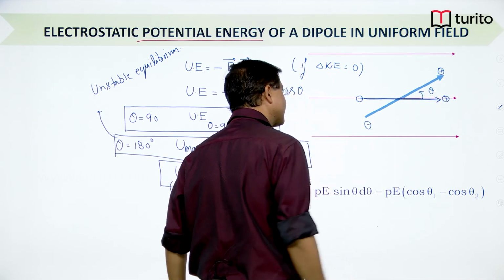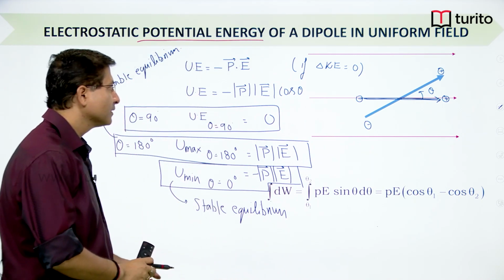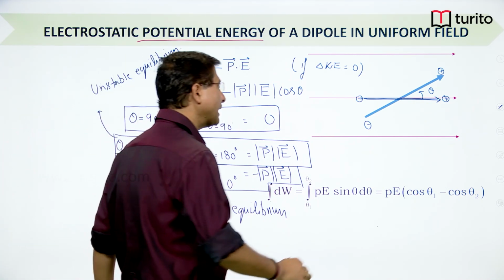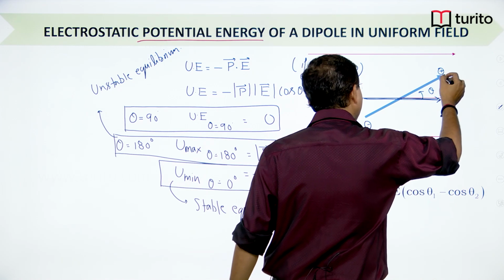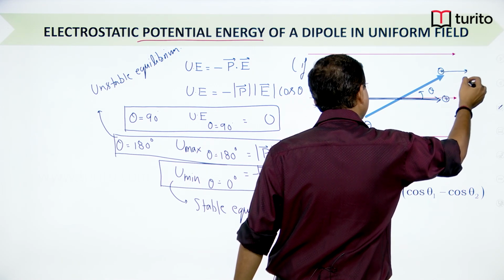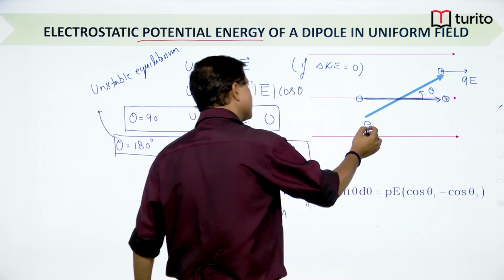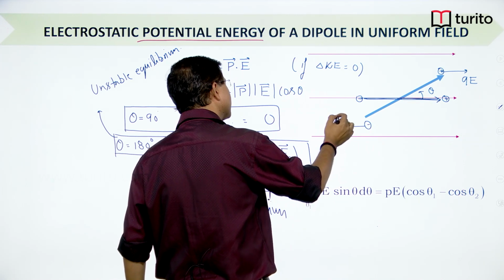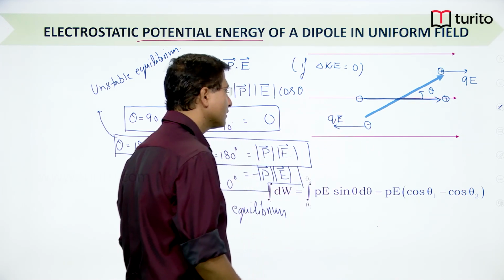When I rotate it by an angle theta, I slightly displace it, then what happens? The field exerts force QE on this positive charge in this direction, and on this negative charge QE in this direction, right.